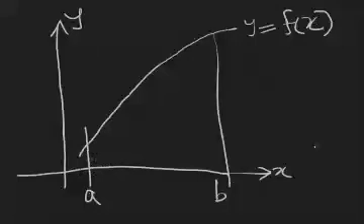So now what we do here, we split this whole interval AB into sub-intervals, or we partition this interval into small sub-intervals. Let's do that.